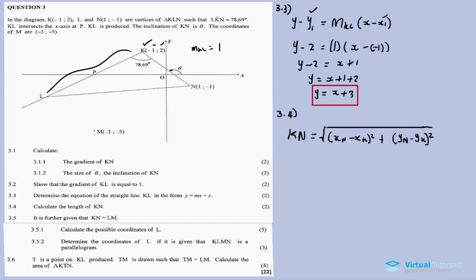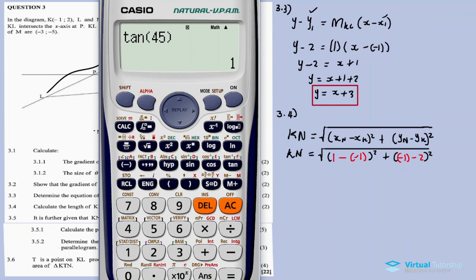Then you substitute the coordinates of N and the coordinates of K. Now let's go. xk is minus 1, yn is minus 1, yk is 2. Then we go to your calculator.